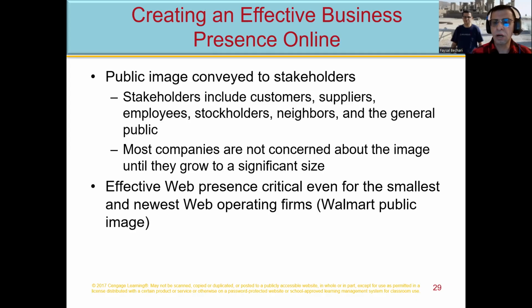The stakeholders are the customers, suppliers, employees, sometimes the owners of the company, neighbors, and the general public. But most companies are not that concerned about that image in the beginning until they start growing significantly. So an effective web presence is critical even for the smallest and newest operating firms.